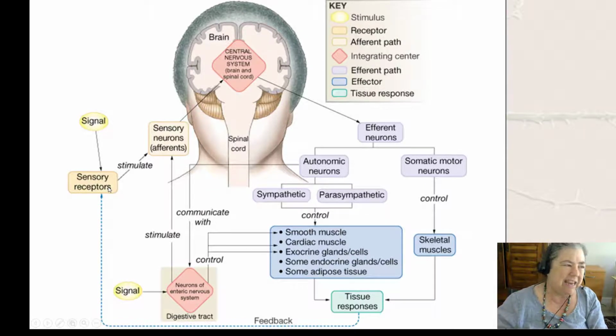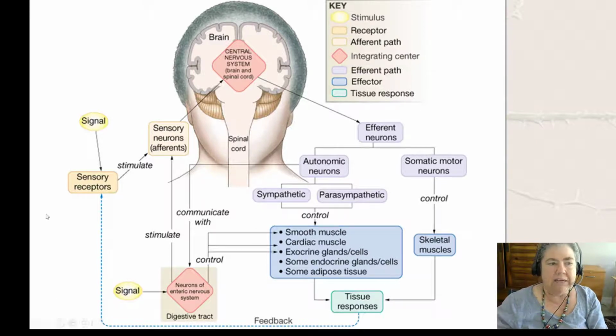There are special senses that include hearing and vision and taste and smell, all of which end up traveling not through somatic nerves but cranial nerves. But there are afferent signals.